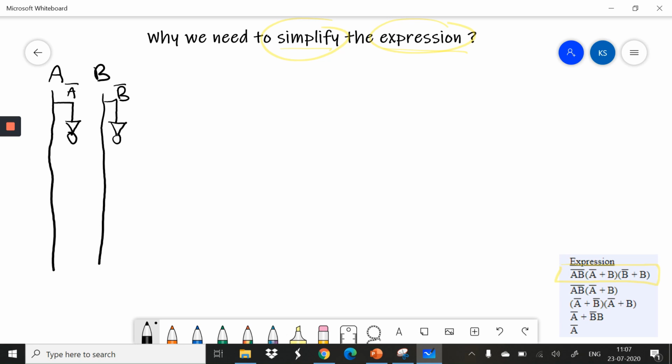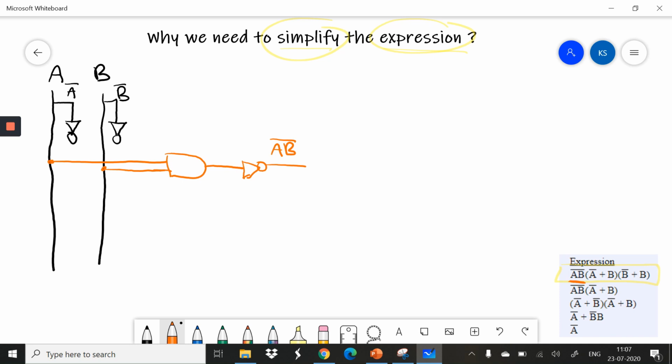Let's start with the first term, that is (a b) bar. For that, let's take a, then take b, and a dot b. Dot means we have an AND gate, and whole bar means again a NOT gate. So I got (ab) bar.